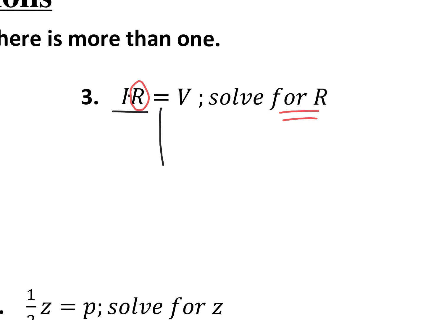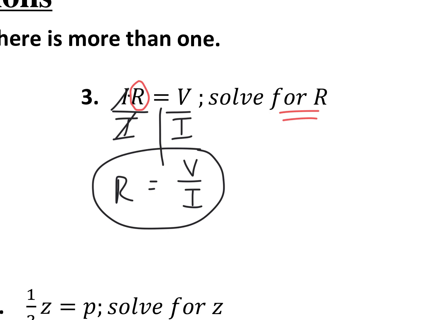You got it. We divide. Divide by I. So if I divide by I, I divided by I is 1, or just canceled. And R is equal to V over I. Once again, we don't know what V and I are, so we can't combine them. It's just V divided by I. And that's it.